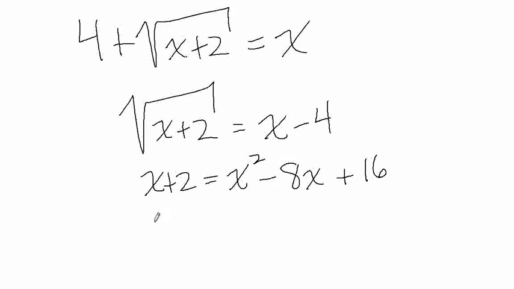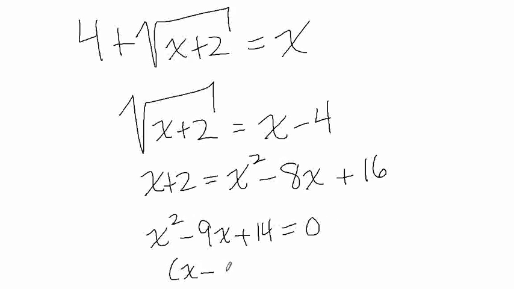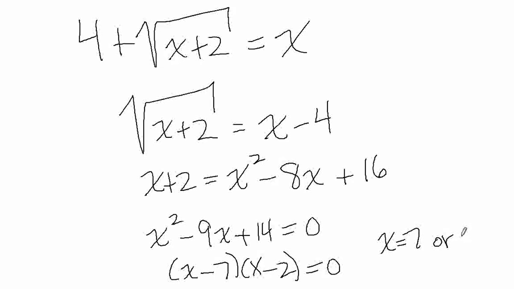Now we subtract x and subtract 2 from both sides of the equation, and that gives x squared minus 9x plus 14 equals 0. Now we could factor that. So apparently the two solutions are x equals 7 or x equals 2.